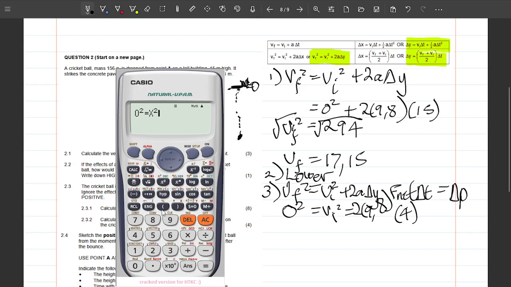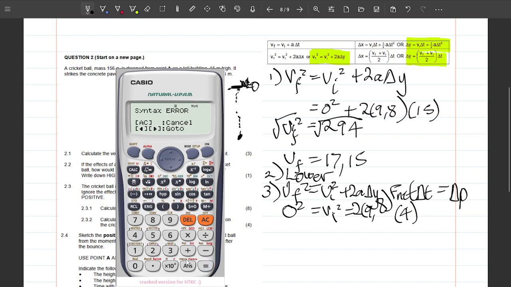So that's just x squared plus 2 times 9.8, and then I'm going to have a negative 4, in fact, because I'm covering it from the bottom going up.